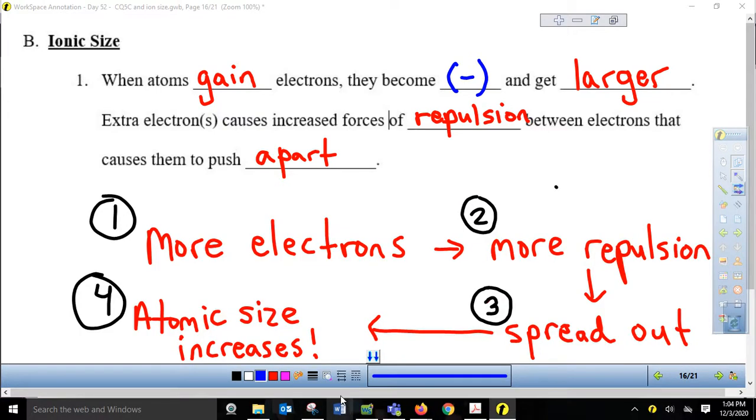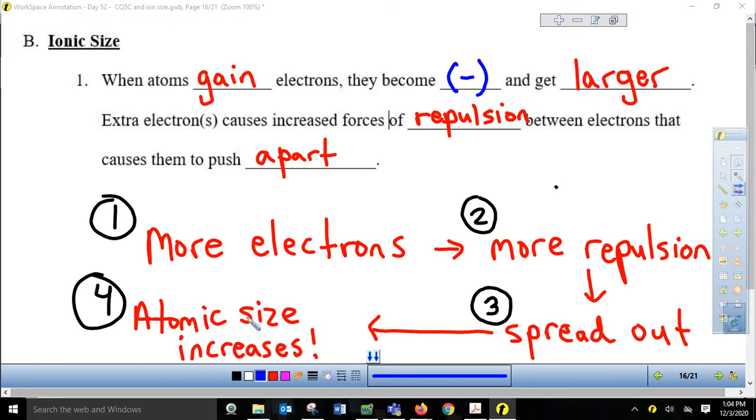So I like to think of this as a 4-step problem. All right, so you add more electrons, you gain more electrons, what happens? That increases the force of repulsion. I misspoke. That increases the force of repulsion for those electrons on the outside. So what happens as a result? Step 3, those electrons are going to spread apart. Well, what happens when electrons spread apart on the outside?